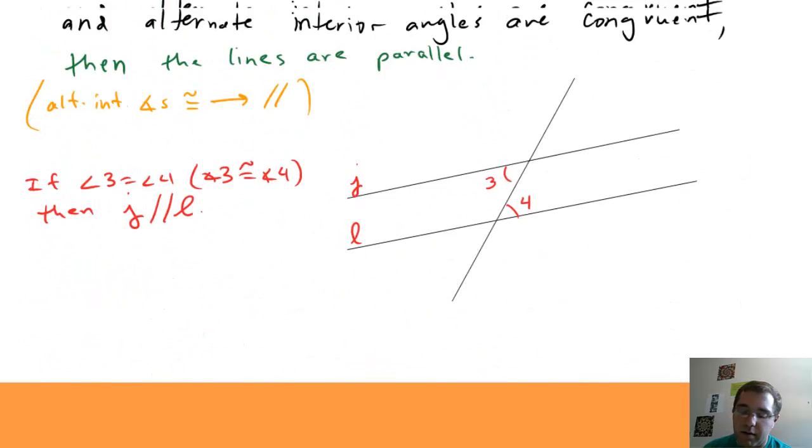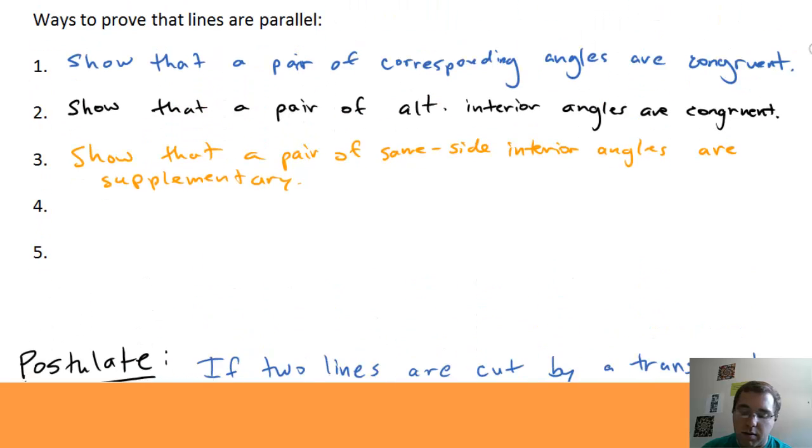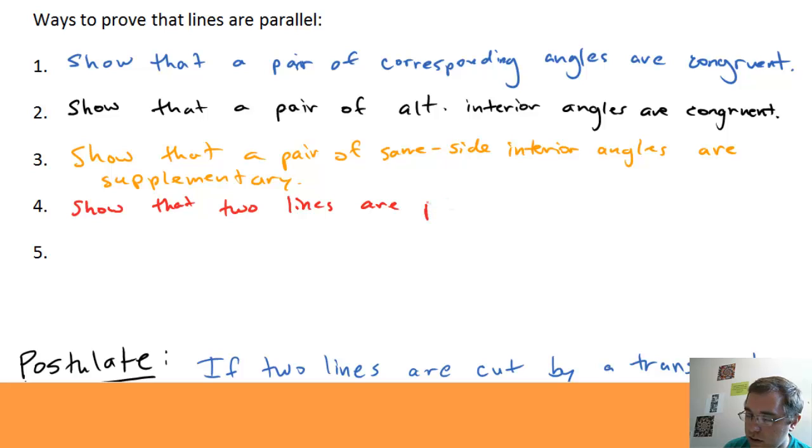So that is our fourth way to show that two lines are parallel, which is to show that two lines are perpendicular to a third line.